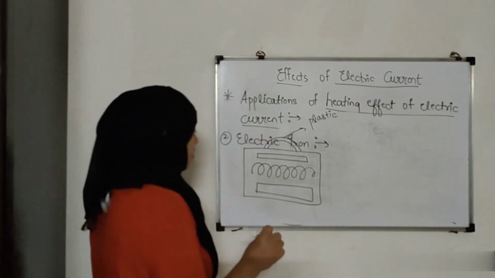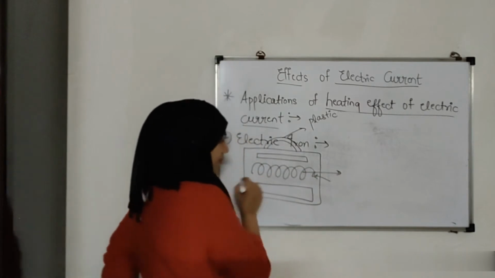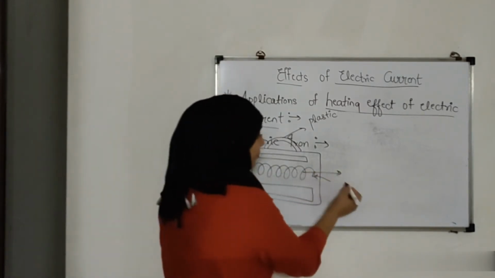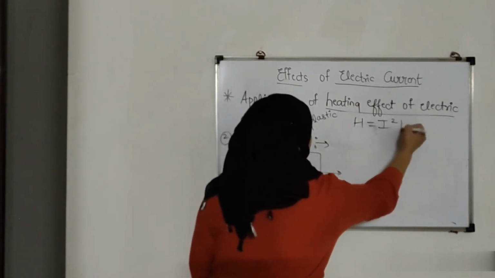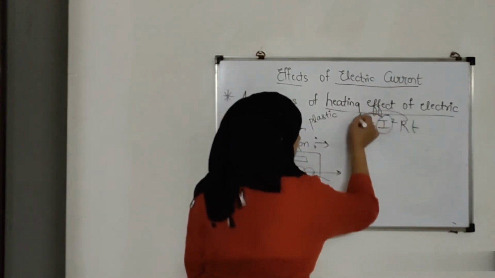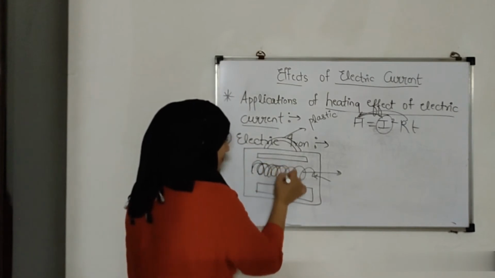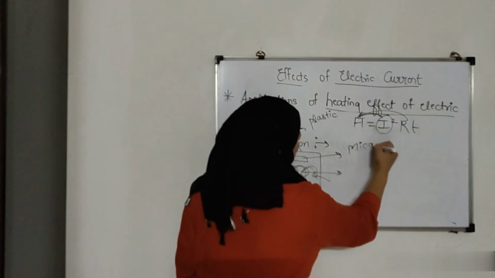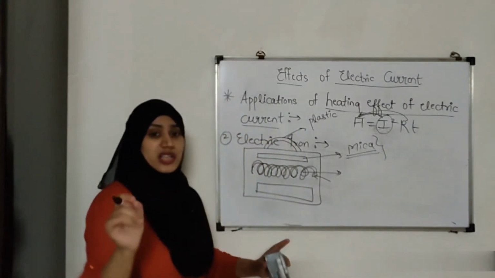Now see, this high resistance is there. Suppose my electricity is coming here. Because of the high amount of current, a high amount of heat is produced. As Joule's law of heating tells us, the more the current, the more the heat, and the more the resistance, the more the heat. Mica sheets are a group of minerals, and they have found this one specifically because of its property.